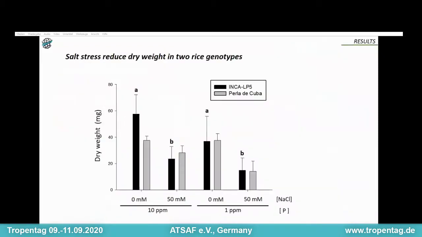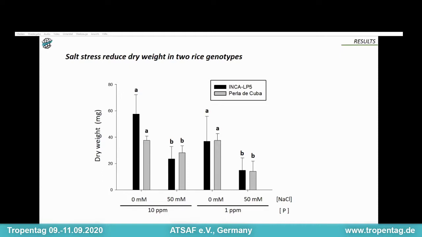First, we would like to show the variation of dry weight in Inca LP5 and Perla de Cuba genotypes with different conditions of phosphorus concentration and salt concentration. The Inca LP5 genotype had a significant decrease in the presence of saline stress, but not in the presence of low phosphorus concentration.